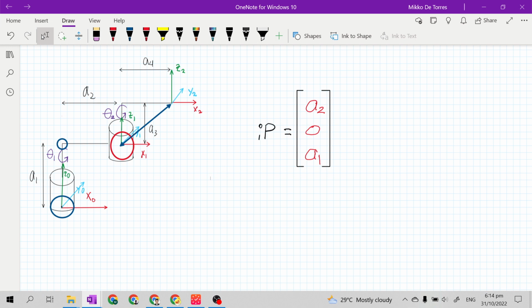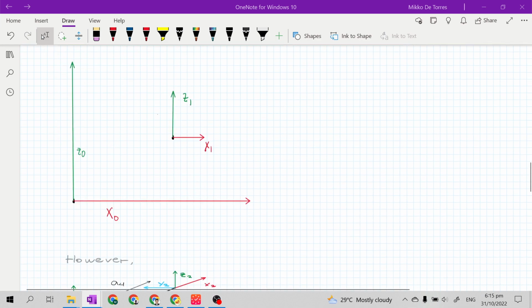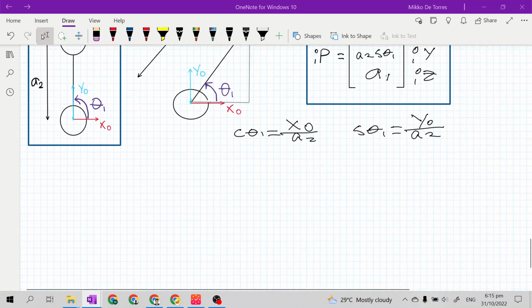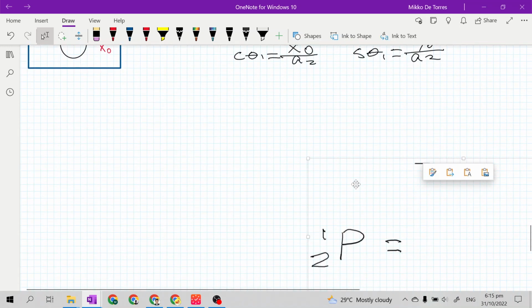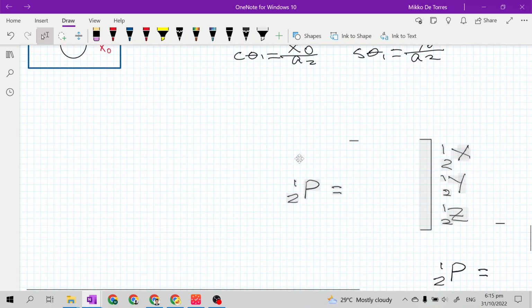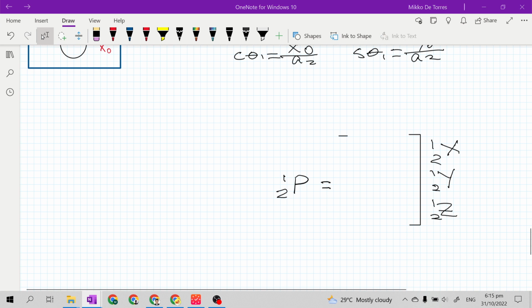In this given mechanical manipulator, we will use the same method we used for getting P01 to get P12.